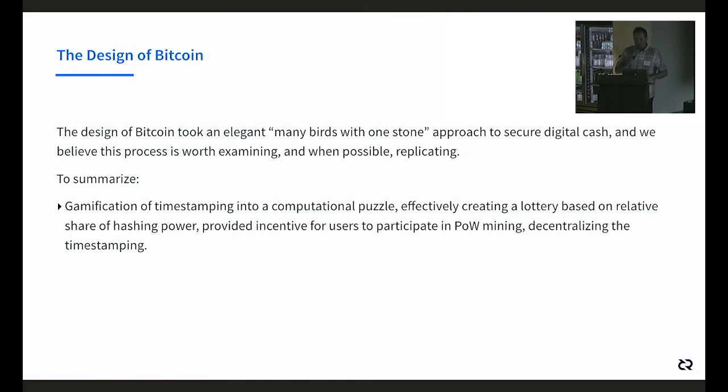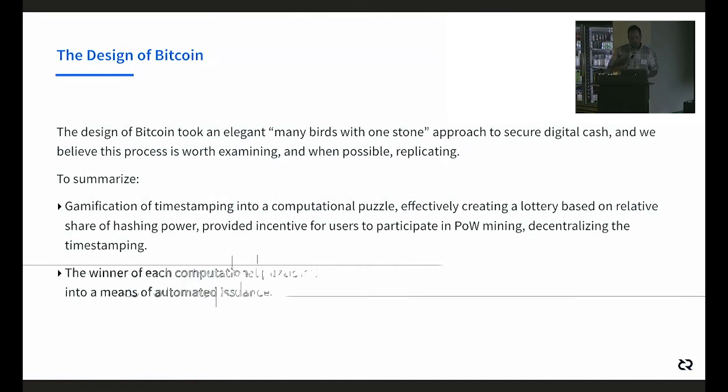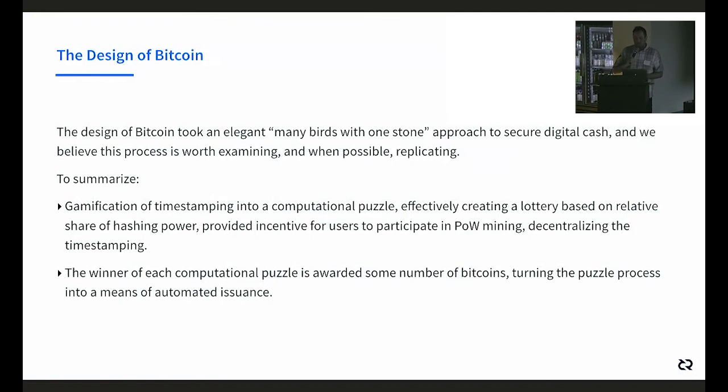And the reason people want to participate is obviously that the winner of every computational puzzle is awarded some number of Bitcoins. And the puzzle process becomes a means of automated issuance. Without overlaying these various features, Bitcoin really couldn't have happened.